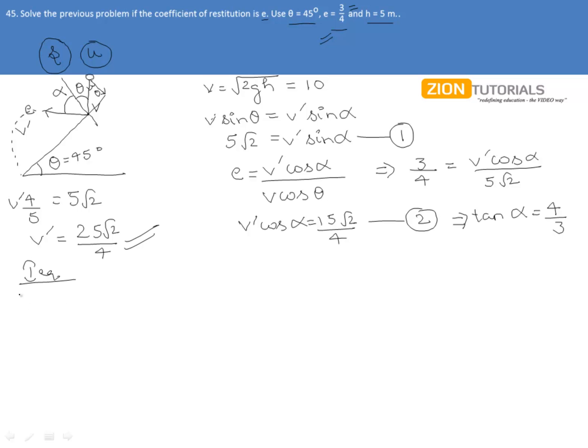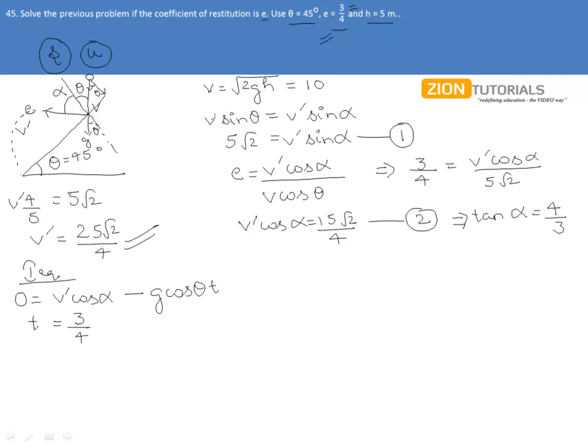So that is in vertical direction, final velocity will be 0. Initial will be V dash cos alpha, minus acceleration, which is g cos theta, along the perpendicular, because this is g and this is theta, so it will be g cos theta into t. This gives us the time, putting the value of V dash, cos alpha, g and cos theta, to be 3/4.